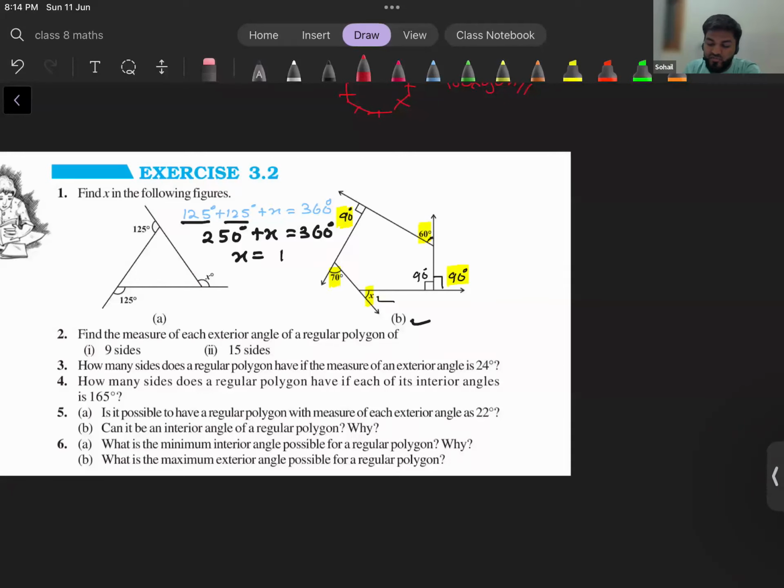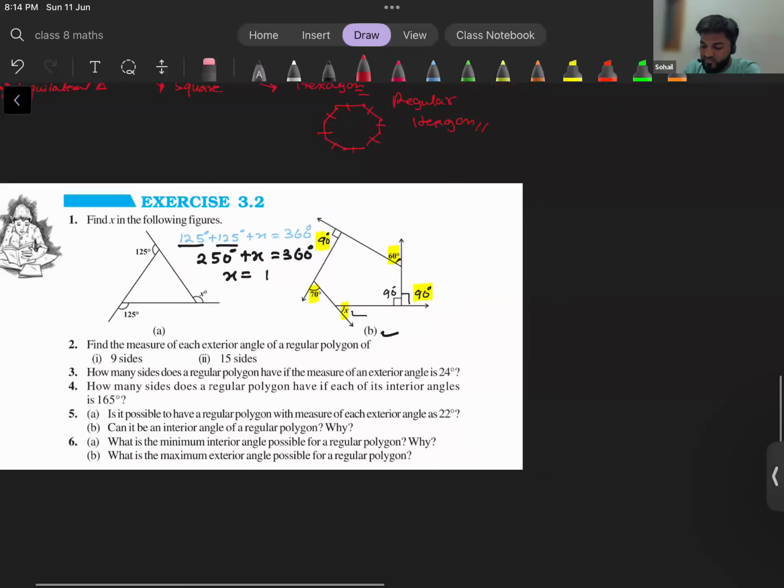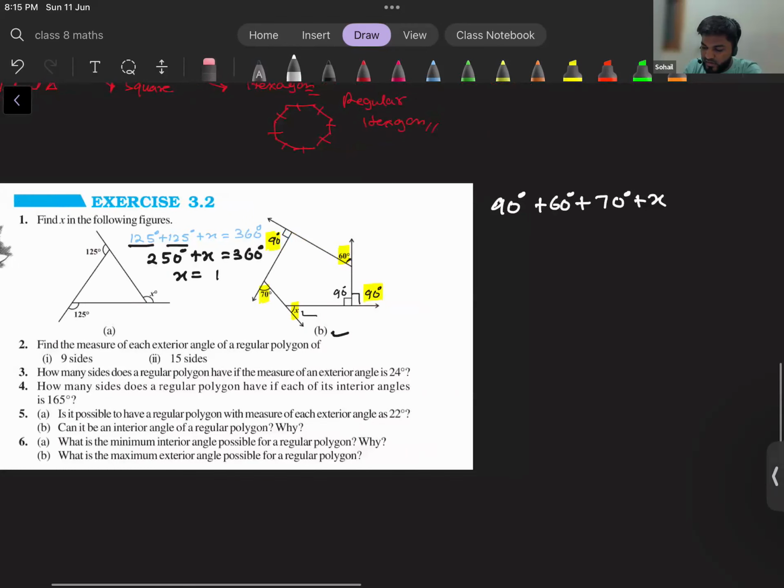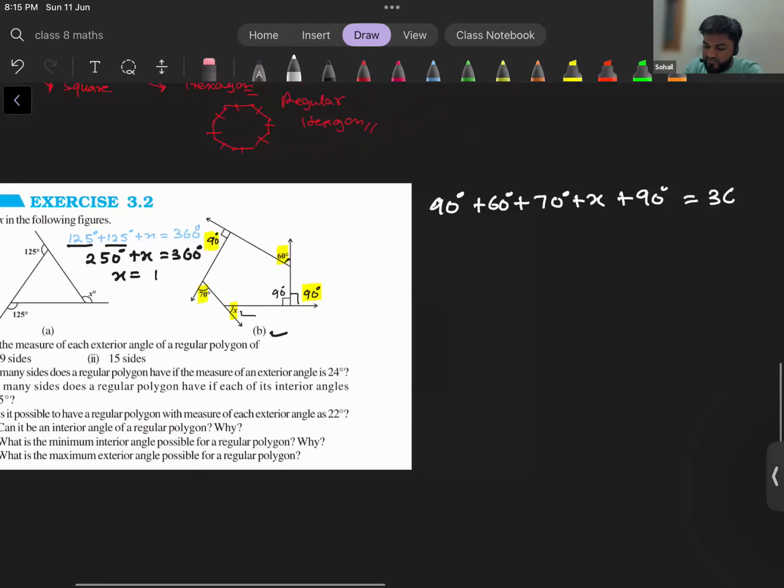Just add all of them and equate to 360. That is 90 plus 60 plus 70 plus x plus 90, equal to 360 degrees.